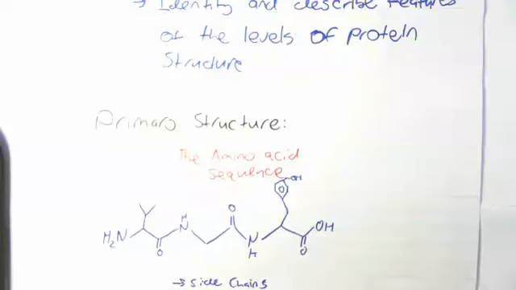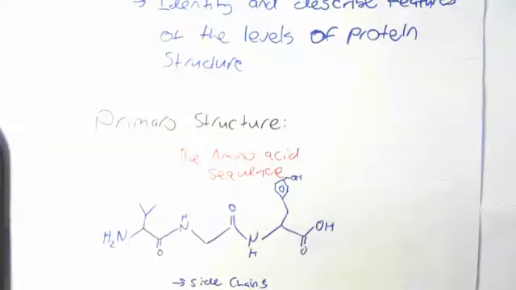You will be given a table if you need to know them. But it could keep going: asparagine, isoleucine, leucine, aspartate, on and on and on. You can have thousands of amino acids. The primary structure is their specific sequence, and most importantly, the sequence of their side chains.